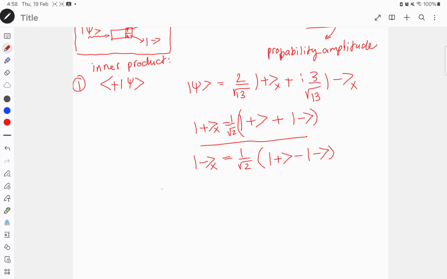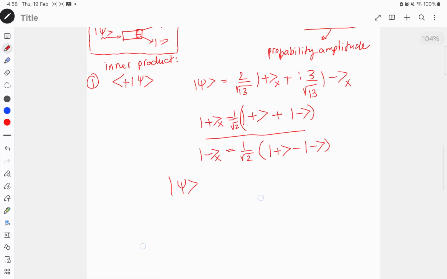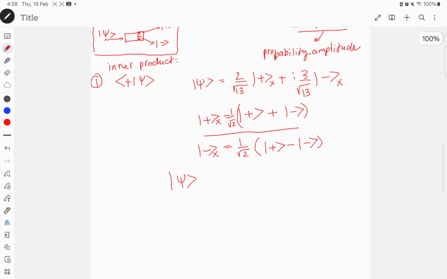To write it, I need some space. We will put this one equal to this one here.